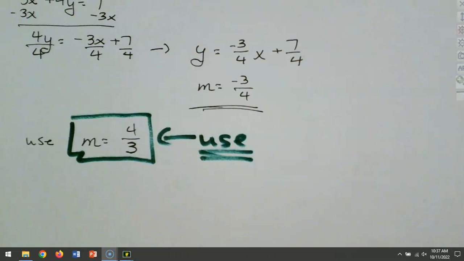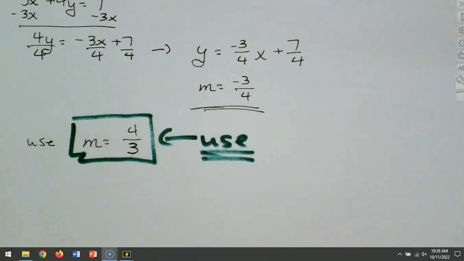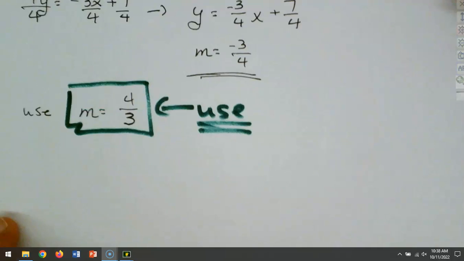Now, what does it say if it's perpendicular? Negative or opposite reciprocal. So you flip it over. So if I flip this fraction over, it becomes 4/3. Okay, it's negative, so I change that, and that makes then a positive 4/3. So that's the slope I'm going to be using.